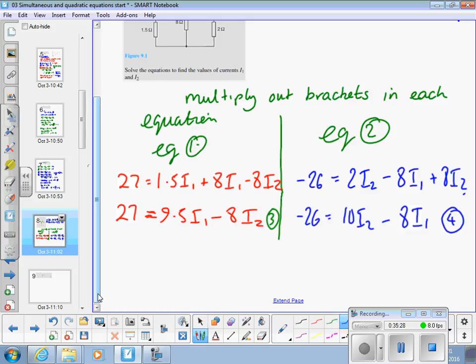So we'd write this one as minus 26 equals minus 8 I1 plus 10 I2. All we're doing is getting the I1 first. Does everyone agree with that? There's an unseen plus in front of this 10 that we don't write when it's like that. If we shift it over that side, we write it. We've still got the same thing. We'll just rearrange the order of 4, that's all.